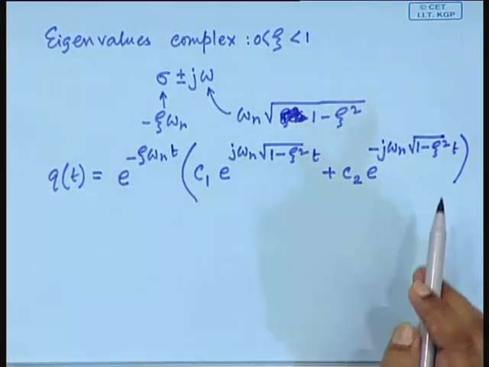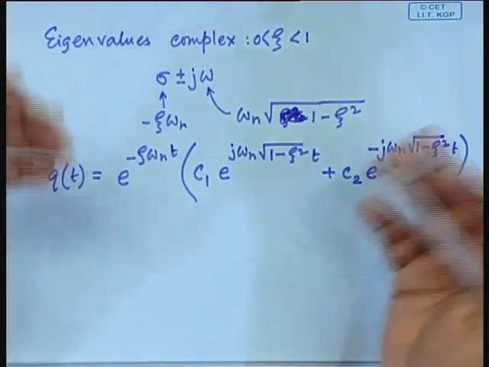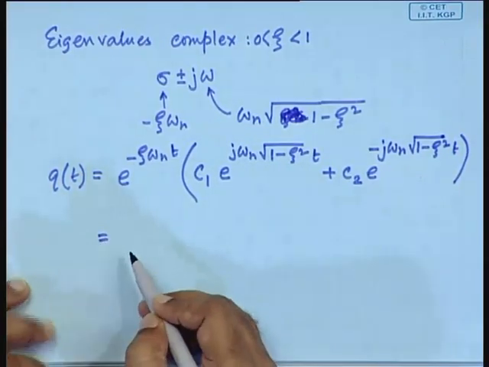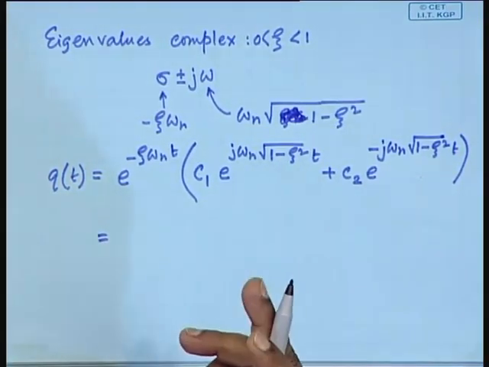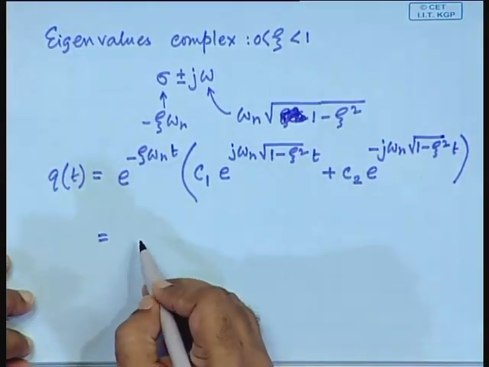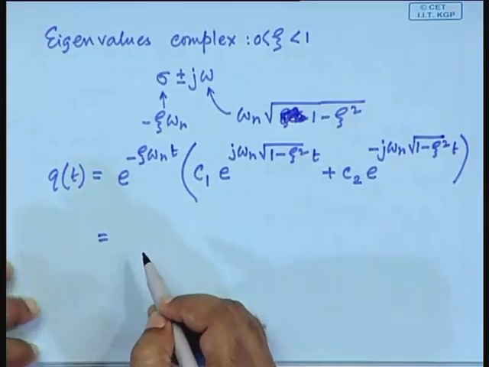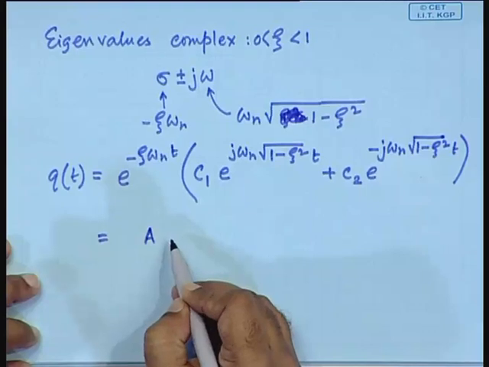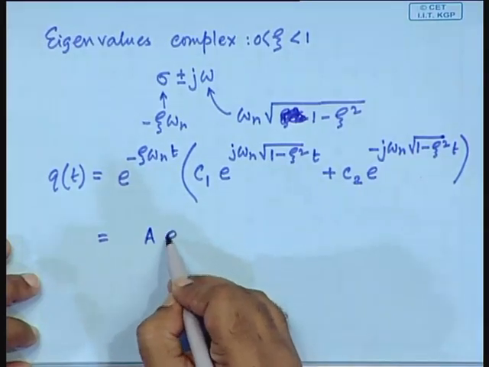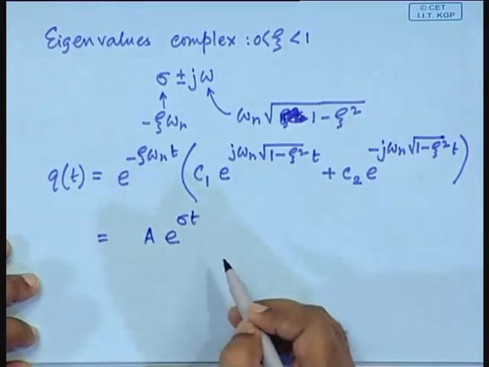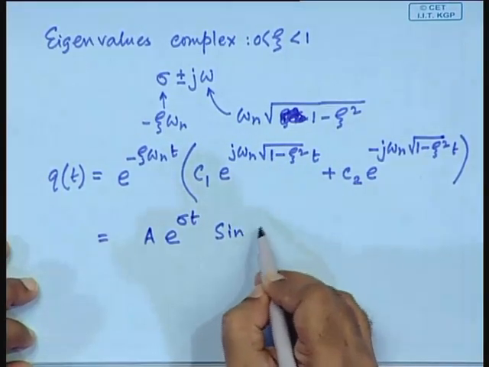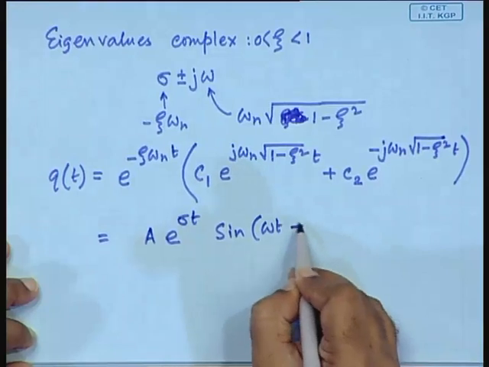These are two eigenvalues, we simply write in terms of that, and then if we simplify that, it will always yield something like, we can write it as a e to the power sigma t times sin omega t plus phase.